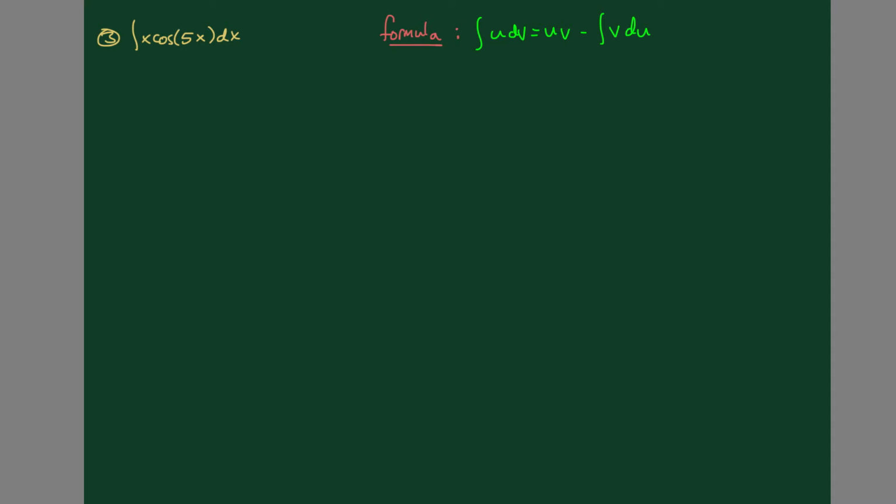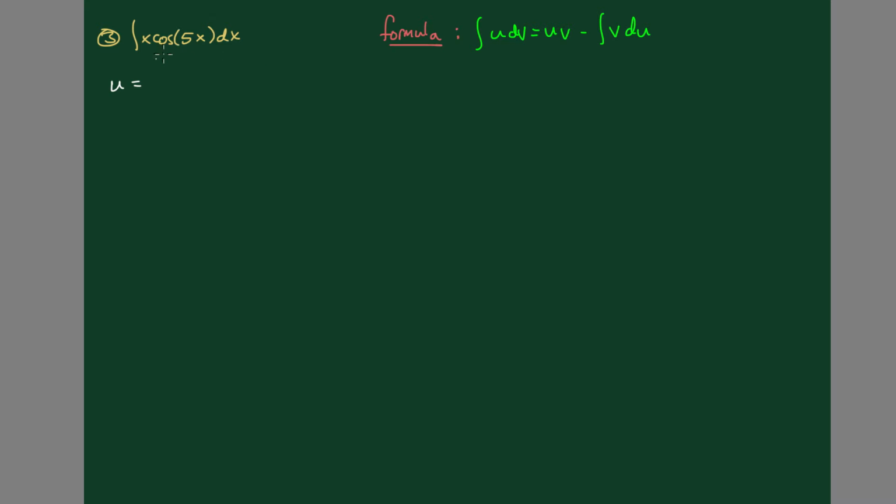Alright, so let's keep working here. Our third problem is the integral of x cosine of 5x dx. So we're going to go ahead and choose our u. So remember what we talked about? We want to choose a u and a v such that this integral turns out to be very simple to integrate. So what I can do is choose my u to be x, because then when I take its derivative, I'm just going to have 1.